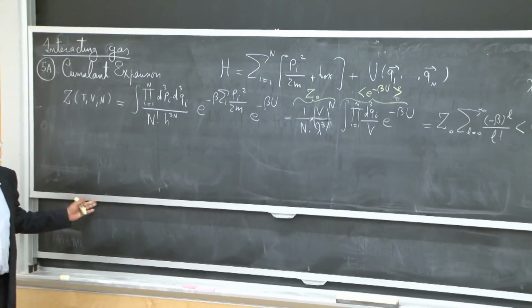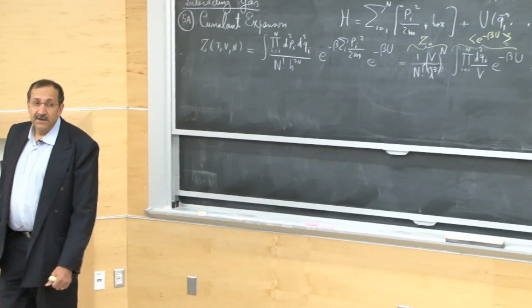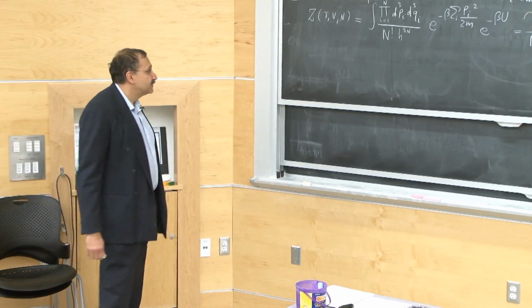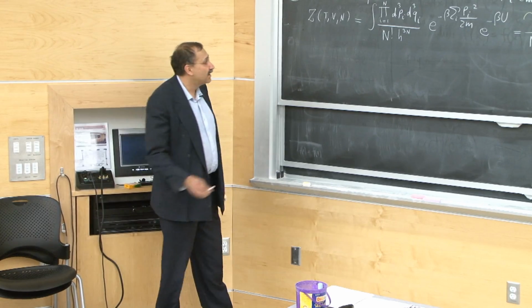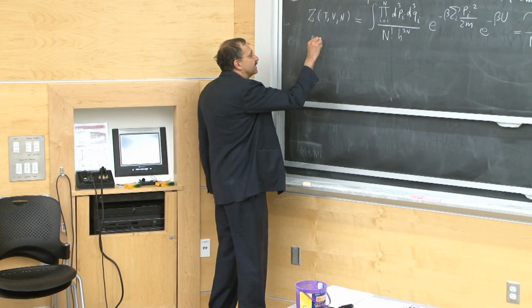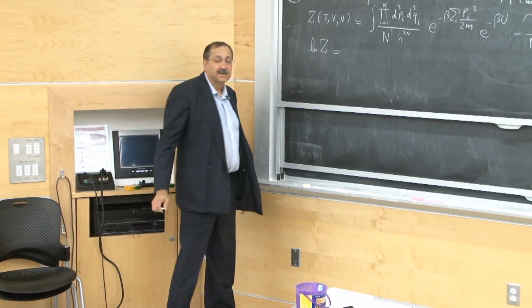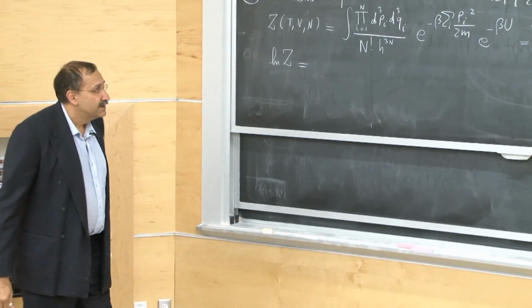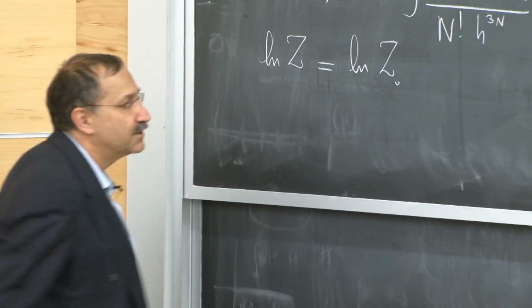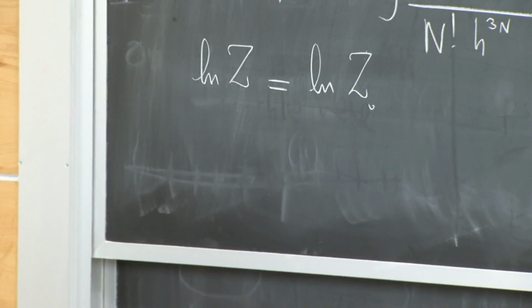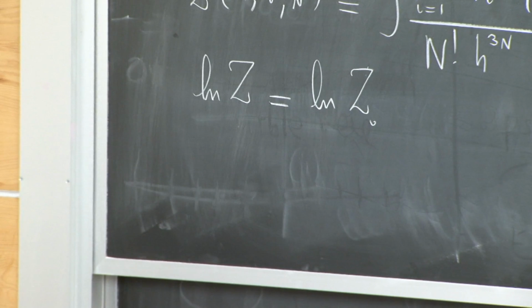Now, of course, for calculating thermodynamic functions and behaviors, we don't really rely usually on Z, but log Z, which can be related to a free energy, for example. So taking the log of that expression, I have a term that is log of Z0, and a term that is the log of that sum.